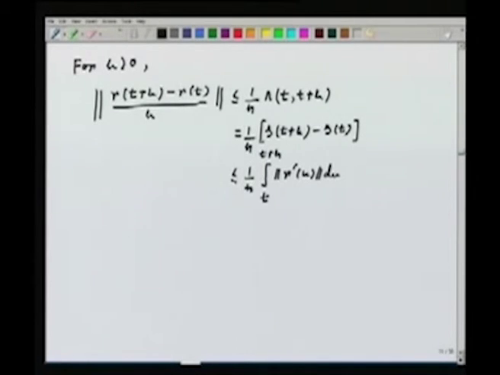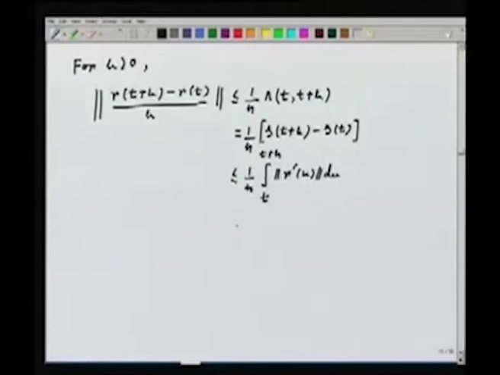Remember, this was the result which I proved while showing a curve is rectifiable if r prime is continuous. I have proved that lambda(a,b) is less than or equal to integral a to b norm r prime t dt. Instead of a and b, for t and t+h I am using the same result to get the inequality on the right hand side.